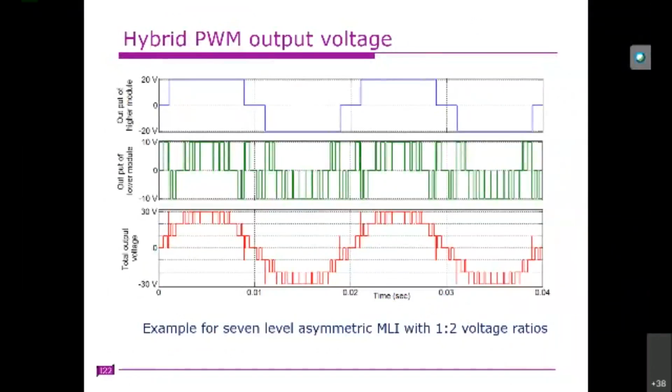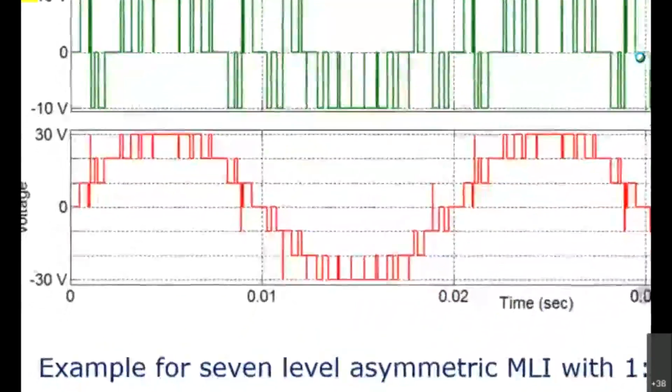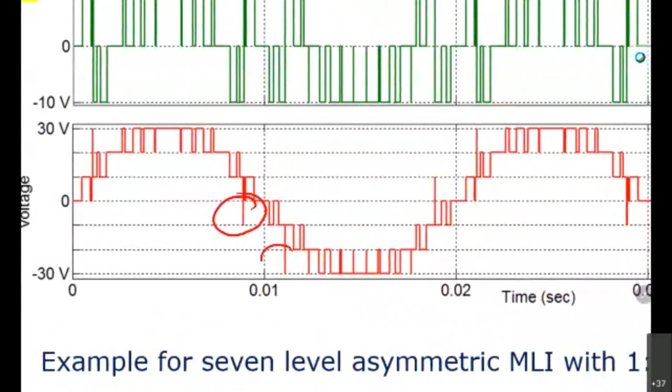Therefore, you will get glitches like this. These are unwanted switchings, because of the narrow pulse pattern, the narrow interaction of the carrier and modulating signals. This is the drawback with hybrid PWM.